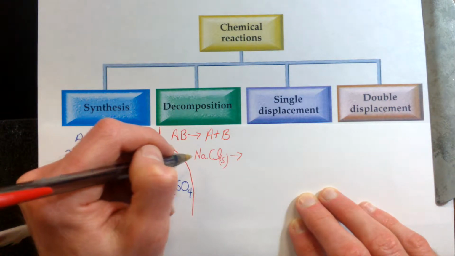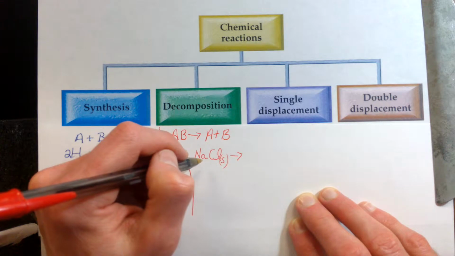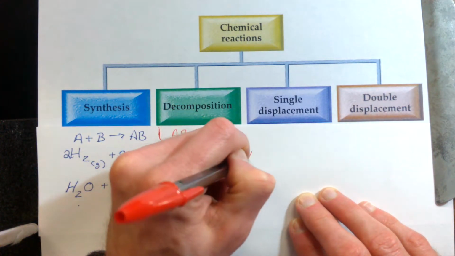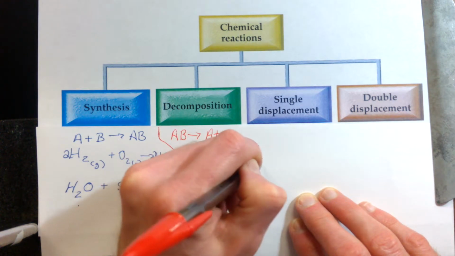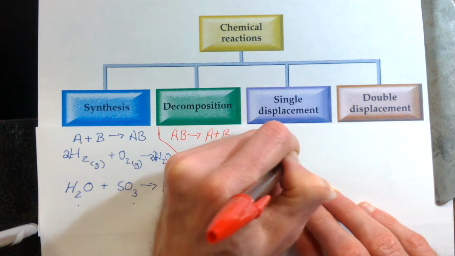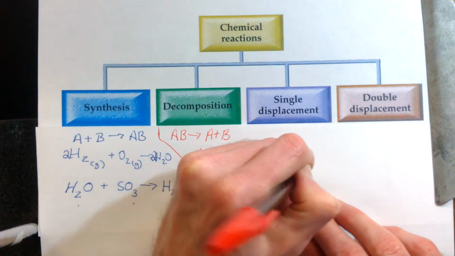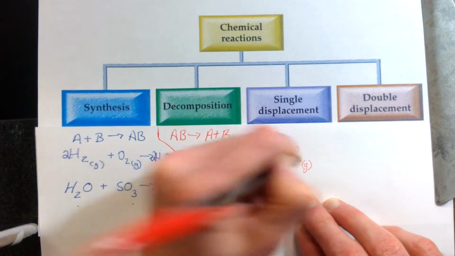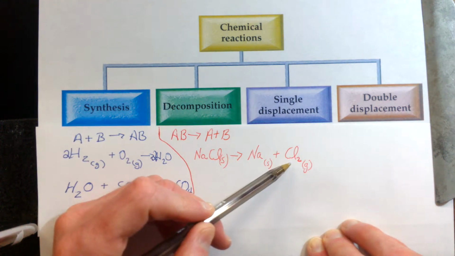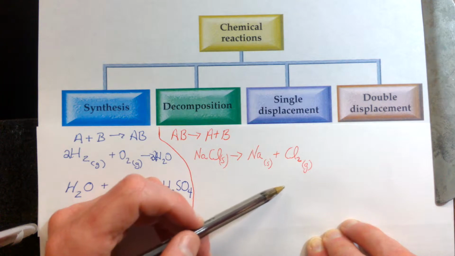We need some sort of energy to break these bonds to get the elements apart. And that would go back to its essential elements, the sodium and the chlorine gas. Now notice here with the chlorine, I put Cl2 as its elemental form because it's one of the few elements that exists as a diatomic molecule.